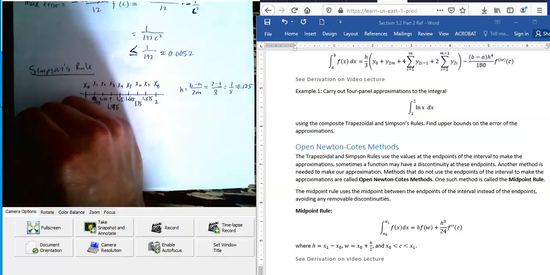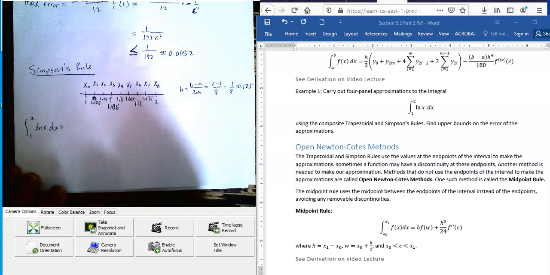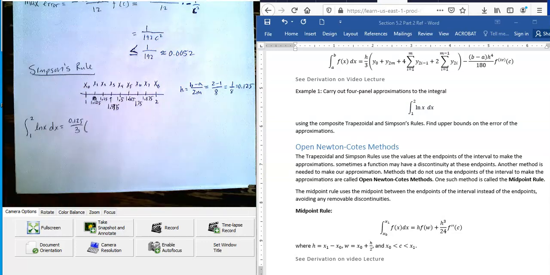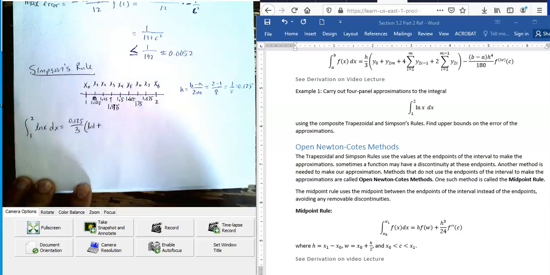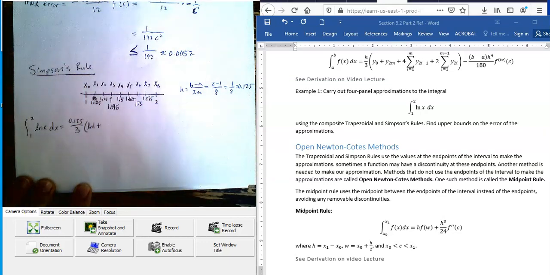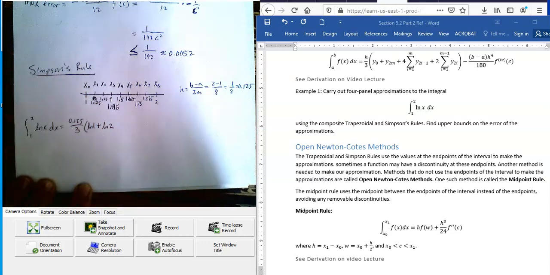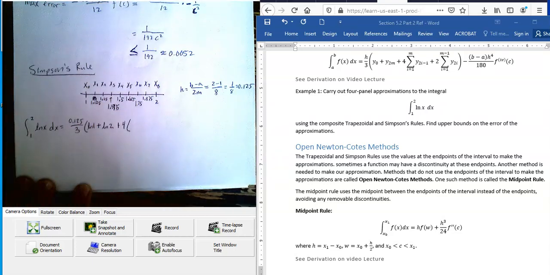So the integral from 1 to 2 of the natural log of x is equal to h over 3, so 0.125 over 3 times y naught. Y naught would be the natural log of 1 plus the natural log of the last x, which is 2, natural log of 2, plus 4 times the sum of all of the odd interior terms.